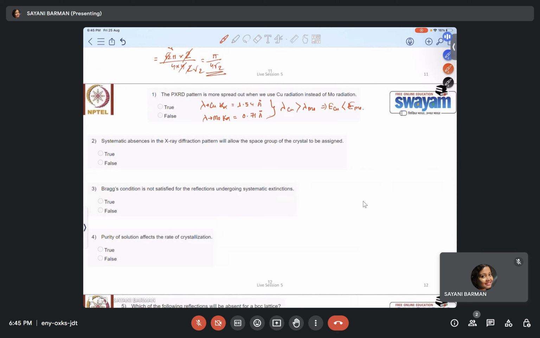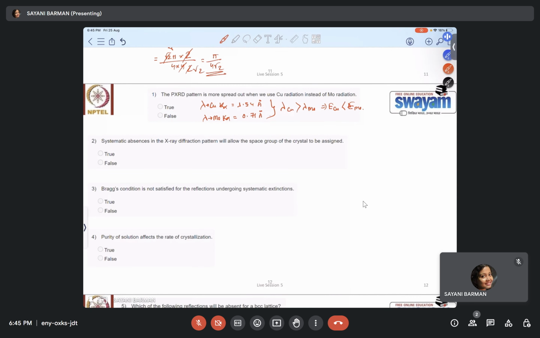And if the penetration power is more, then due to the increased penetration depth of these higher energy X-rays, the diffraction signal will come from deeper layers within the sample.